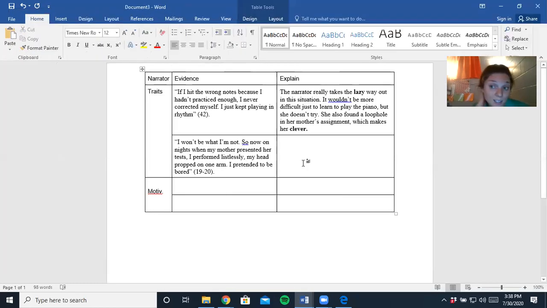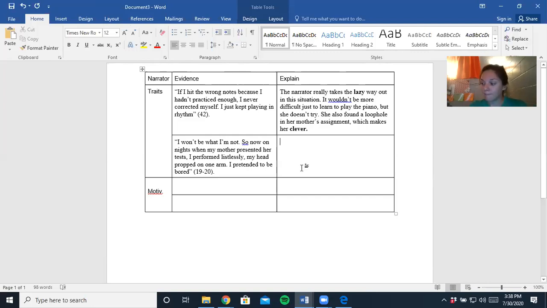I think that this tells us a lot about the narrator. Earlier we said she was lazy, right? She did not put the effort in piano because that wasn't something she wanted to do. I think that this part kind of shows the opposite. She is kind of sticking to her beliefs no matter what it takes.